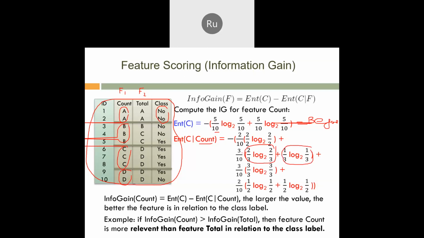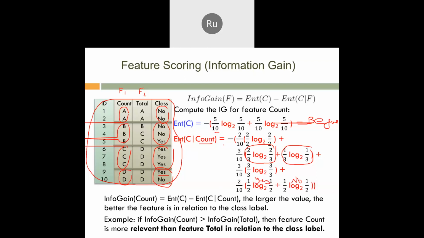The weightage will be 3 over 10, because in this partition we only have 3 out of the number of rows that we have. And then this one also we have 3 divided by 3, and this is 3 over 10. Lastly, we have 1 over 2 log 2 of 1 over 2, because we have 1 yes. This is for the yes, and this is for the no. And the weightage is 2 over 10.